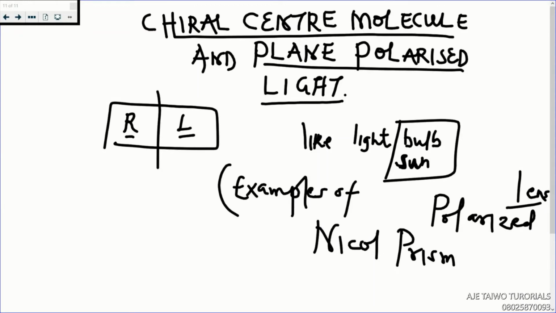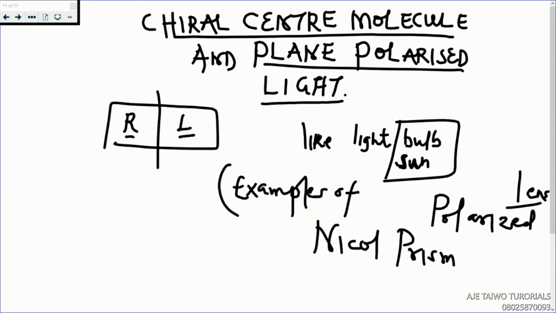Look at the board. Don't make mistakes. We said plane polarized light means light that oscillates, that moves in just one direction. How do you produce plane polarized light?